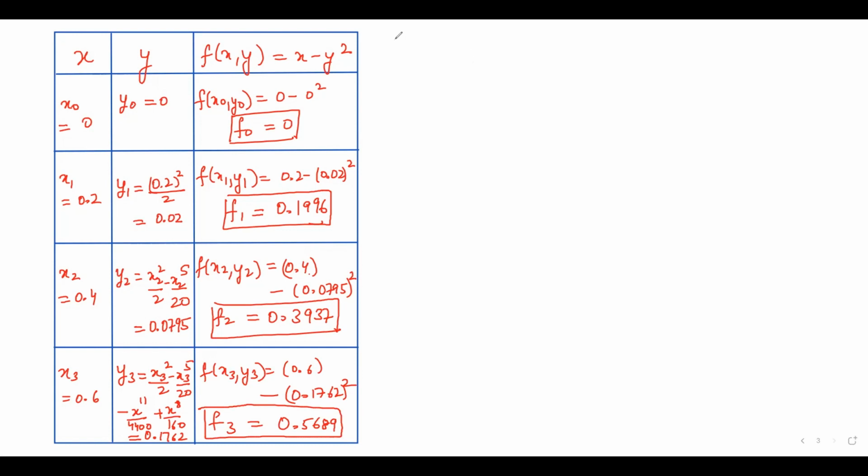Now I'll be using the predictor method first of the Milne's method to find the value of y at 0.8, right? So let me just write the value here.